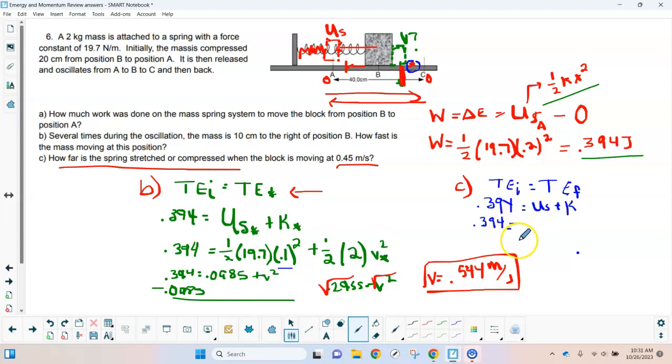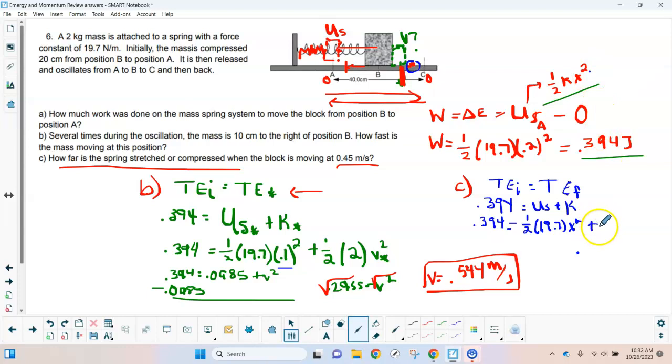It's the same amount of energy either way. So it's 1/2 times our spring constant K, which is 19.7 in this problem. That number doesn't change because our spring is not changing. And then X is what we're looking for, so I'm going to have X squared here. That's our formula for the spring energy, which we used up there.